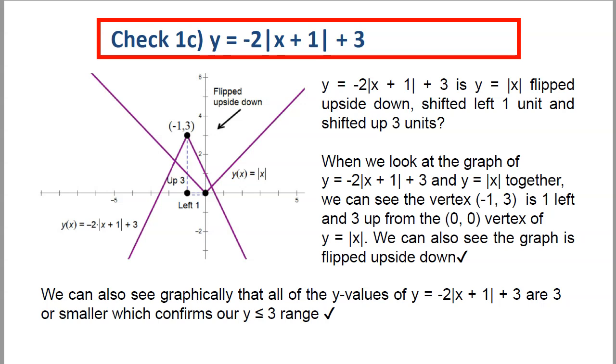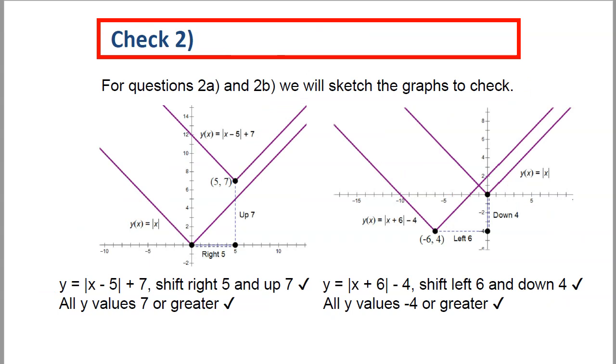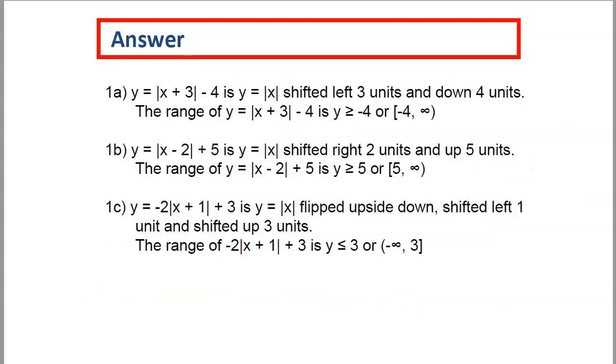And we can check each piece of this and see our y is less than or equal to 3 range. And then for part 2, we can also graph our new symbolic forms and compare them to y equals the absolute value of x. So you can see our shift to the right 5 and up 7, and left 6 and down 4. And we can also see our ranges there.